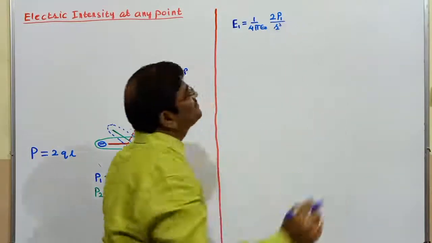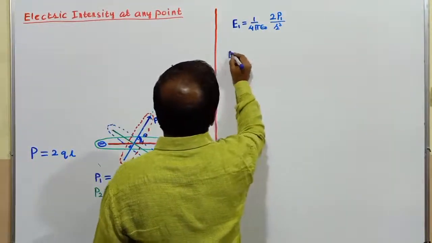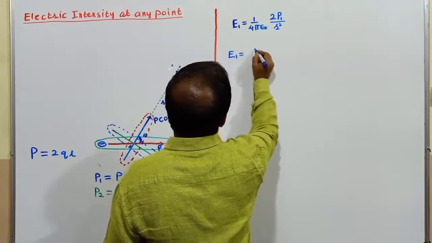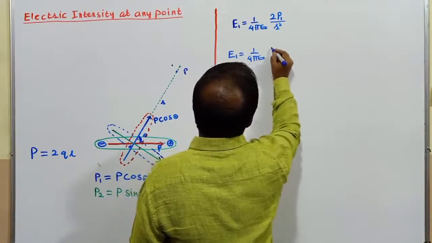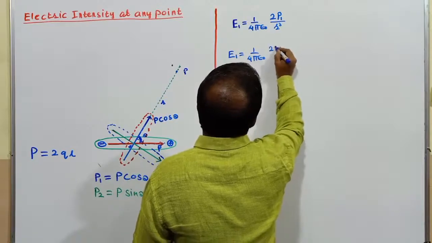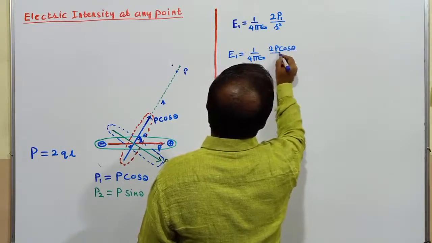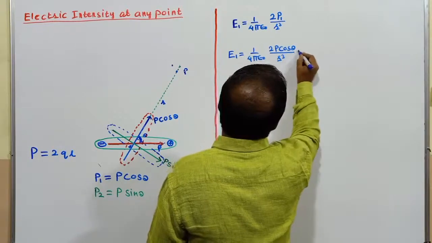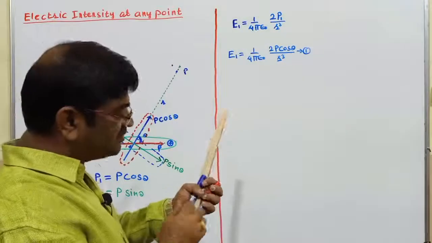Distance is R cube. I can substitute that P1 value. E1 equals 1 upon 4 pi epsilon 0, 2P cos theta divided by R cube. So this is my equation number 1. So I am done with equation 1 now.